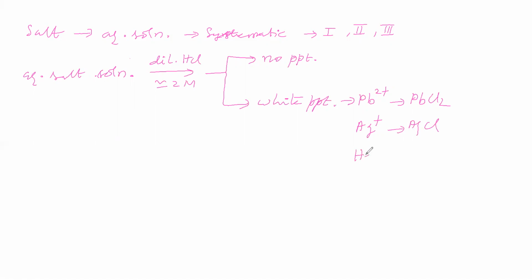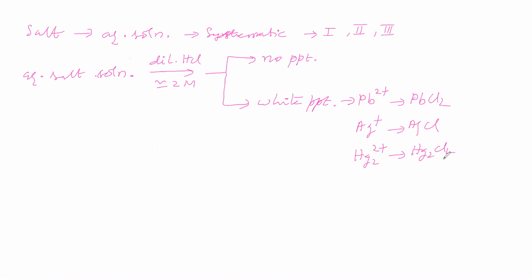Next is the mercurous ion, which precipitates as mercurous chloride. So the white precipitate possibilities are: Pb2+ as PbCl2, Ag+ as AgCl, and the mercurous ion as mercurous chloride.